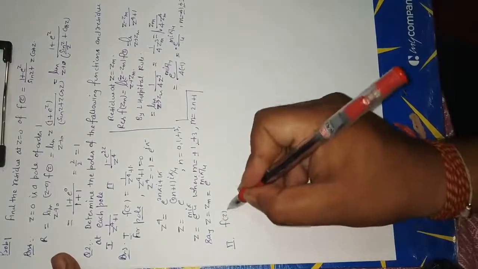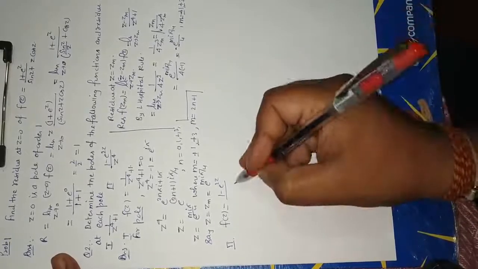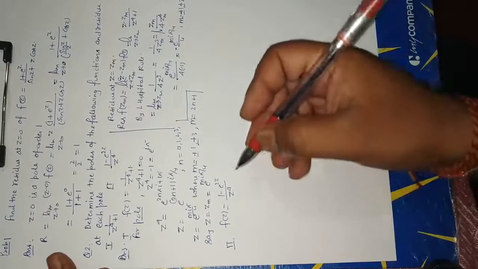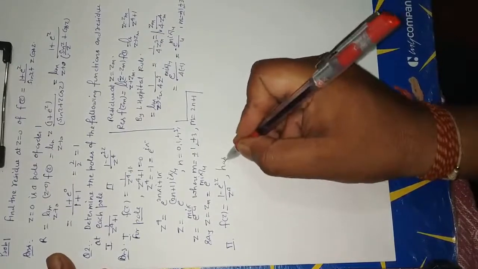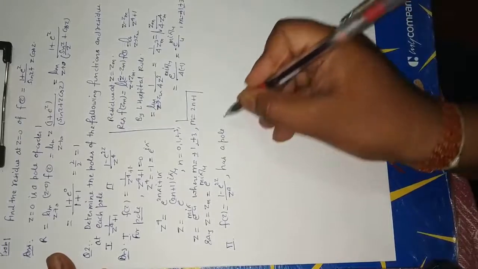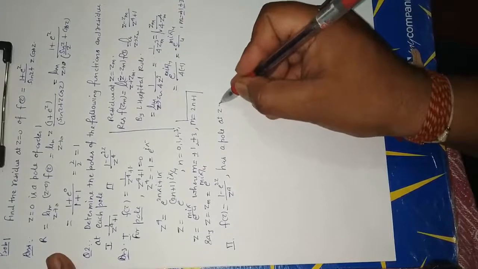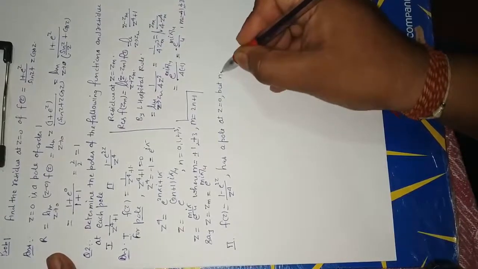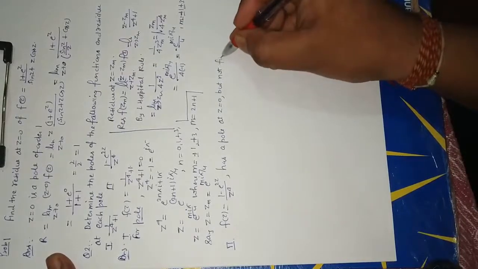Okay. Now next, part number 2: f(z) equal to (1 minus e to the power 2z) upon z to the power 4 has a pole at z equal to 0 but not of fourth order.